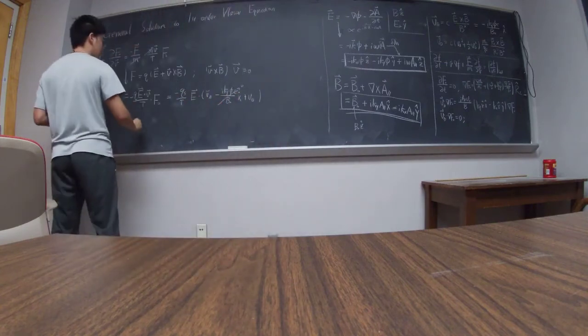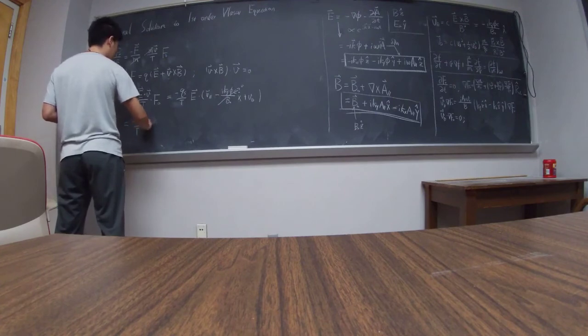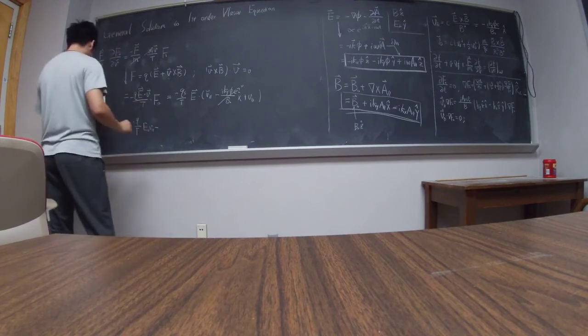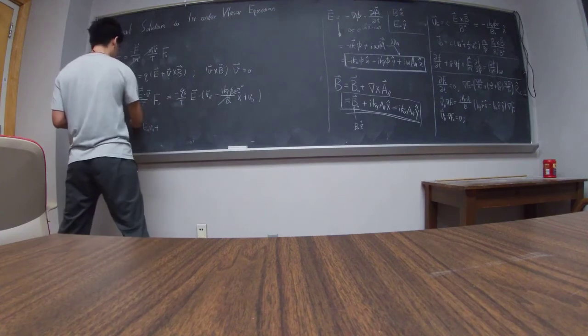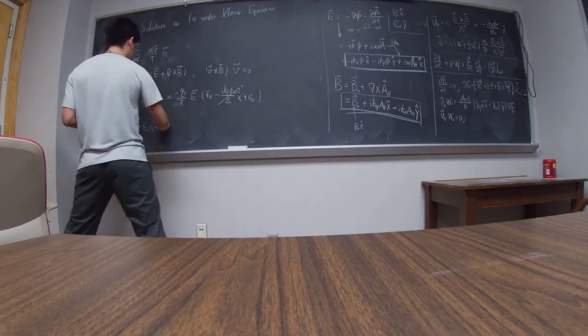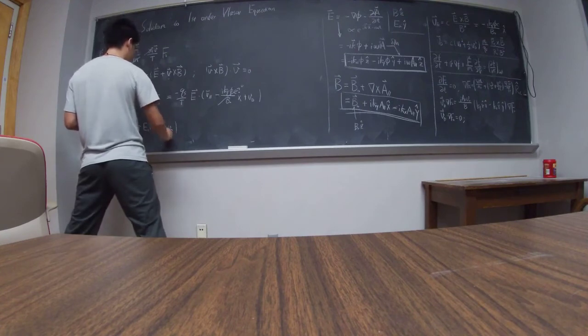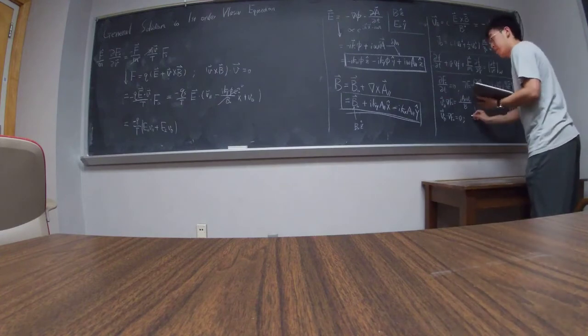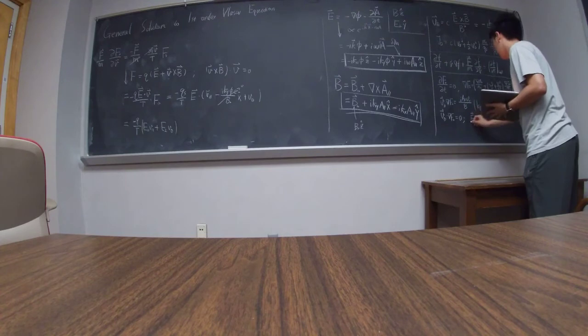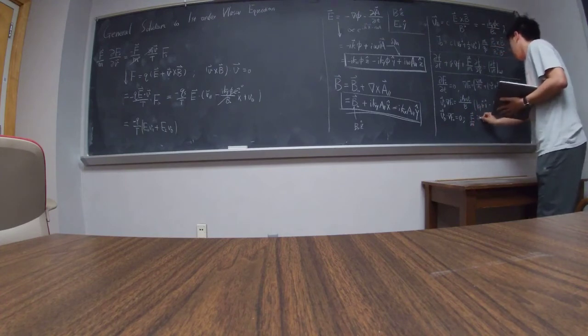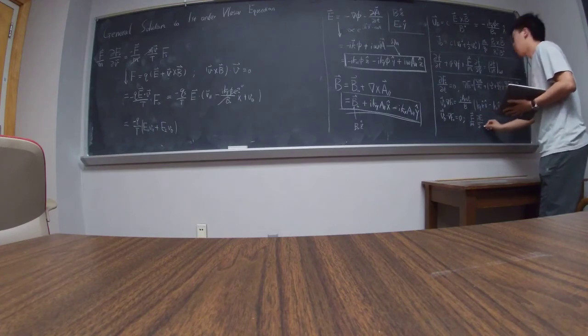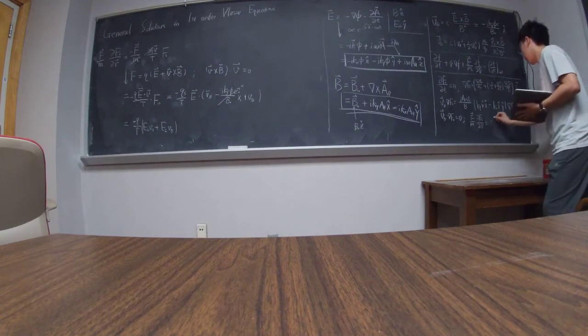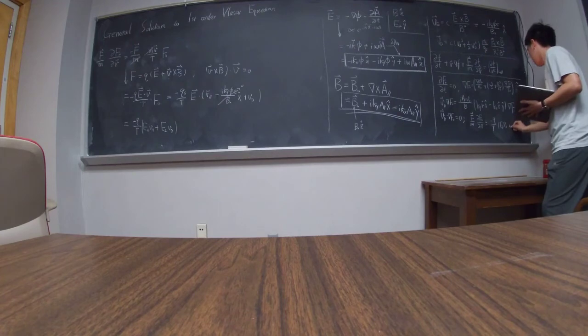So we're left with negative Q over T E, E parallel v parallel plus E perp V_D. There we go.